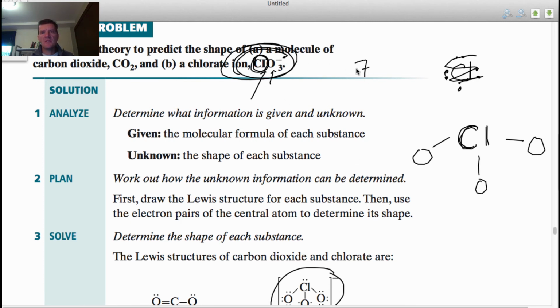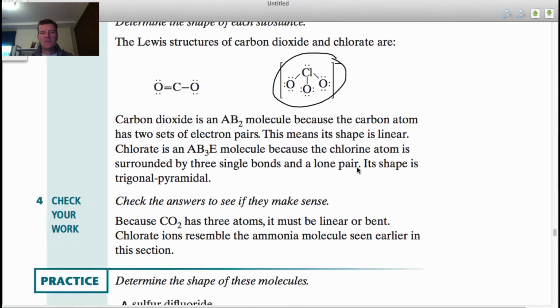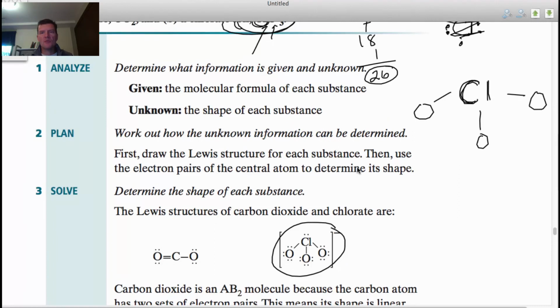Chlorine has 7. Each oxygen has 6, so that's 3 times 6, that's 18. But look right here, see that negative? That negative means it has one extra. So it means it has 26 valence electrons that I have to account for.